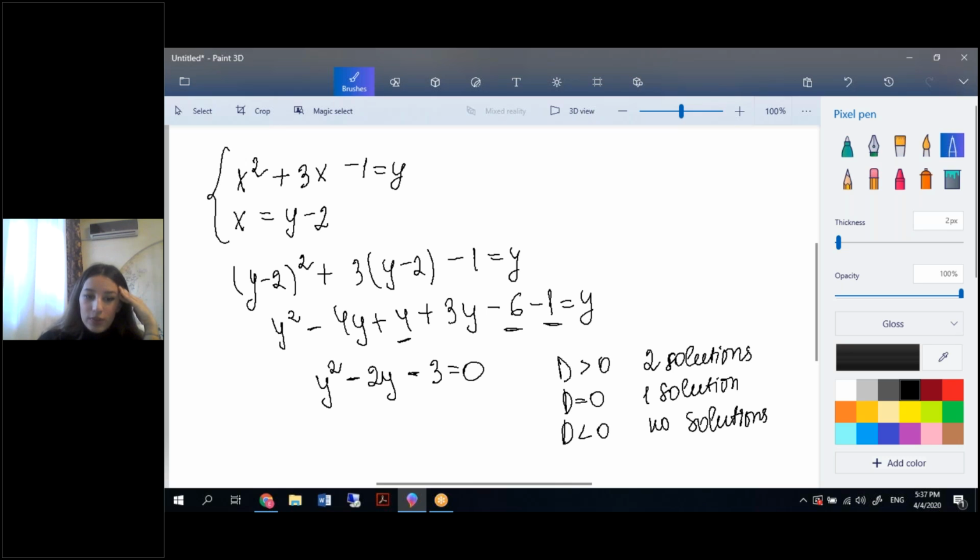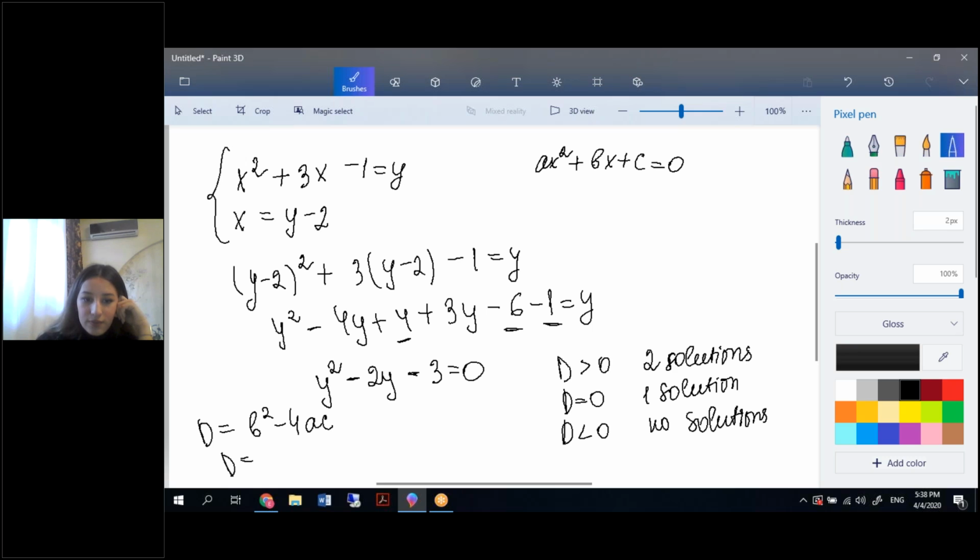So what is the discriminant? We know that it equals b squared minus 4ac. I want to remind you that our quadratic equation looks like ax squared plus bx plus c equals 0. So from here, with these coefficients b, a, and c, the discriminant equals b squared minus 4ac.